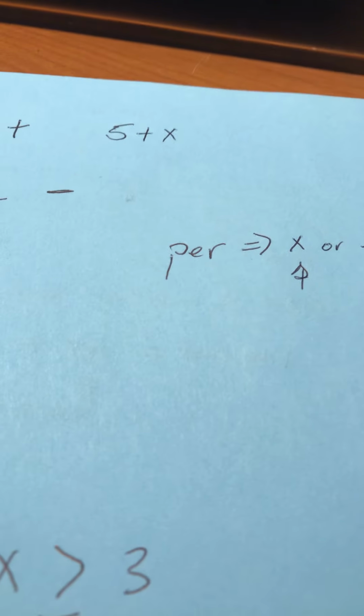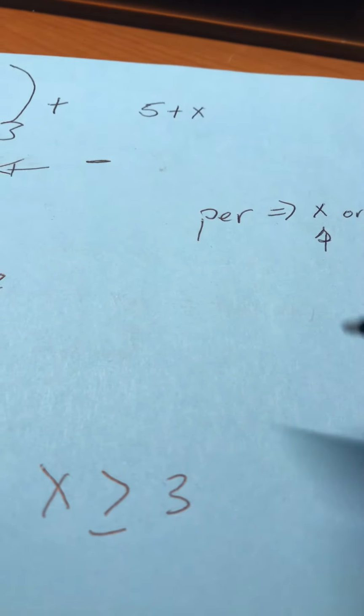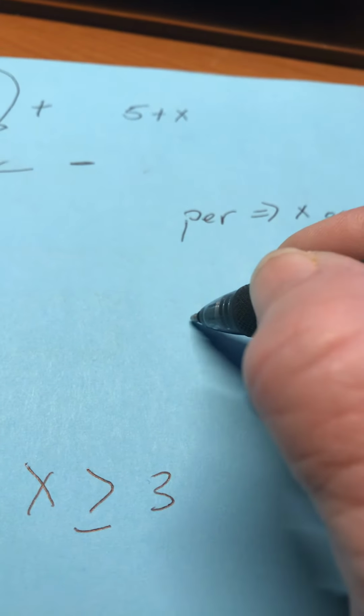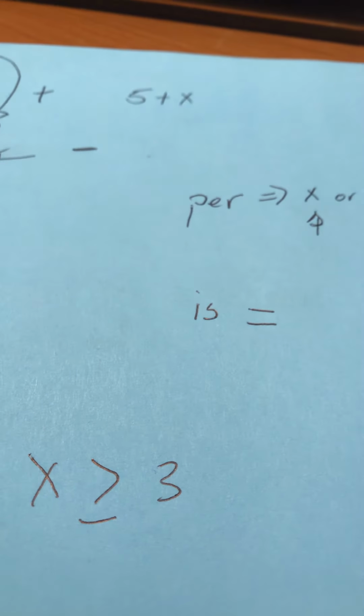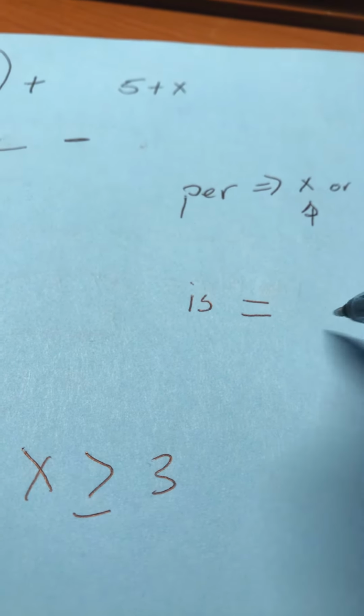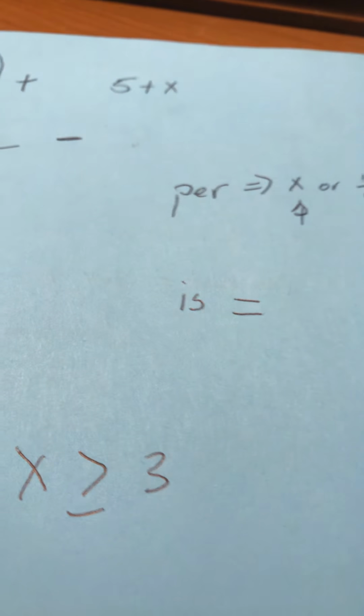Usually, I don't know. When we look at these problems, if I run across more words, we'll add them here. The other thing is the word is. All right, is always means equals. All right, the cost is blah, blah, blah. Is means equals. All right, so those words.